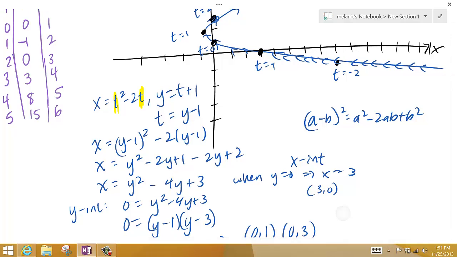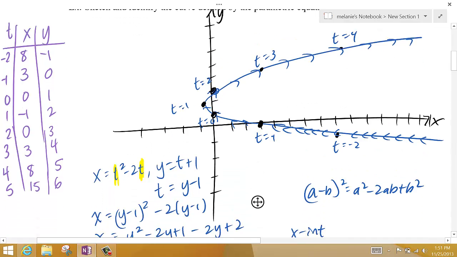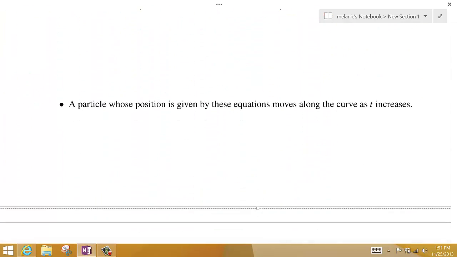Okay, but do we see that I could come up with the same equation algebraically, or I could plot a whole bunch of points? A particle whose position is given by these equations moves along the curve as t increases. So it's very important we draw our arrows in the direction of increasing t values.